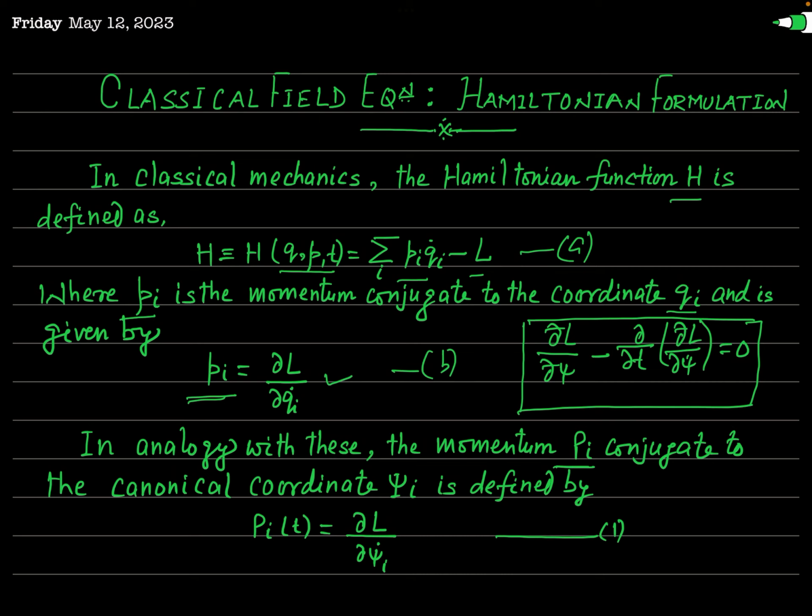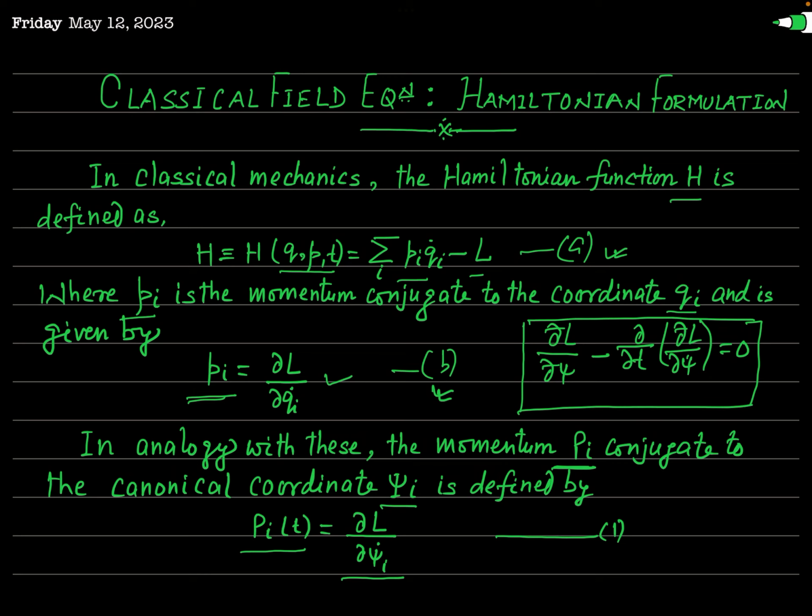In the light of equation B, the momentum Pi, which is conjugate to the canonical coordinate psi_i, is defined like this: Pi_i of t equal to the partial derivative of L with respect to psi_i dot, that is del L by del psi_i dot. This has been written on the basis of equation B. In a similar manner, on the basis of equation A, you can define the Hamiltonian of the field.